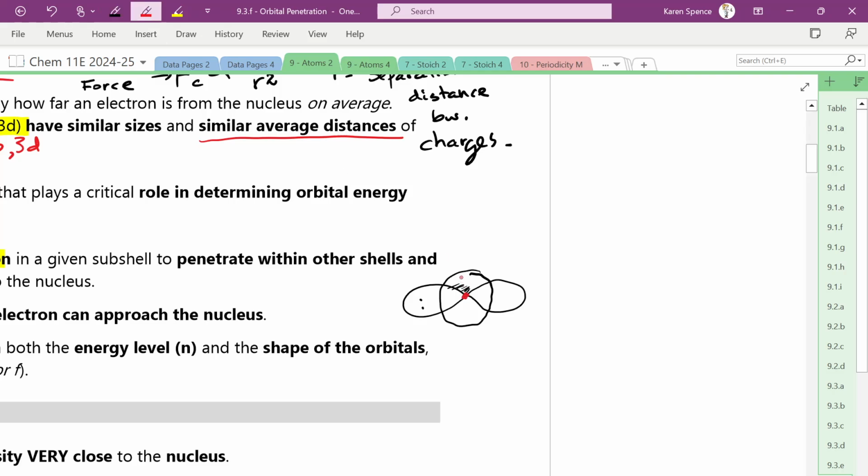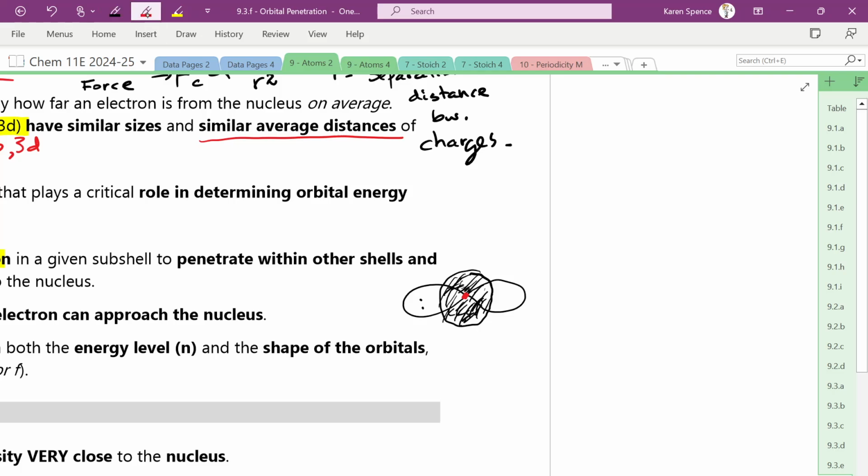The S, all the S electrons, which I'm going to do sort of in black, they are getting through the area where we have the p orbital and getting closer to the nucleus. Yes? And so that's why an S is at a lower energy than a P at the same energy level.